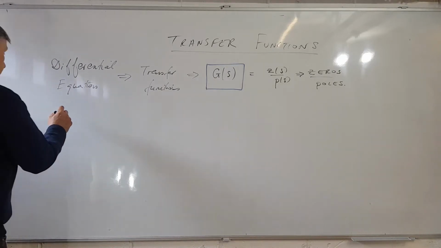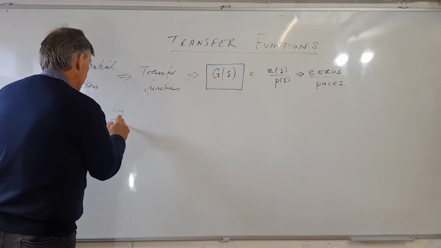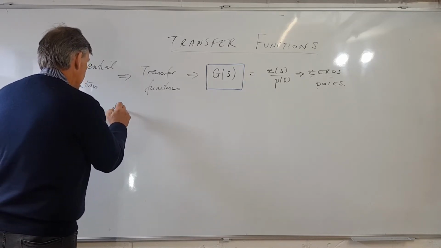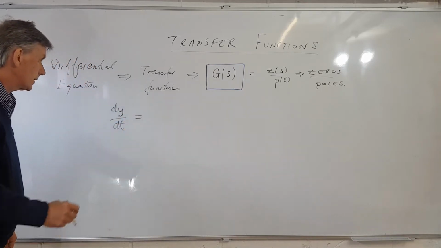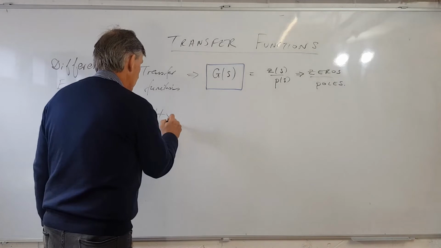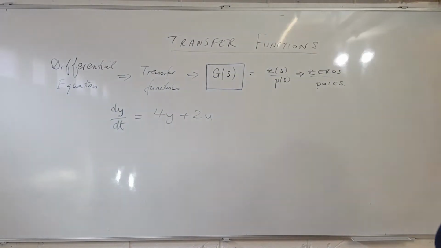We could have, say, a simple one, let's say dy by dt equals 4y plus 2u.